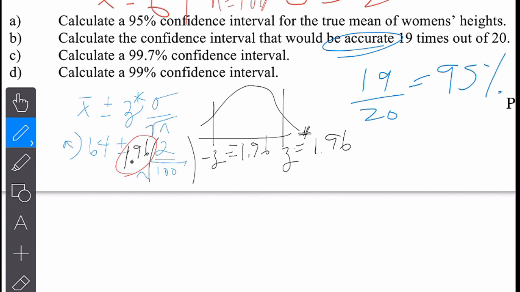It means that this interval we created around the sample mean, not knowing what the true population mean is, captures 95% of the observations, right? But in fact, there's more to it than that.